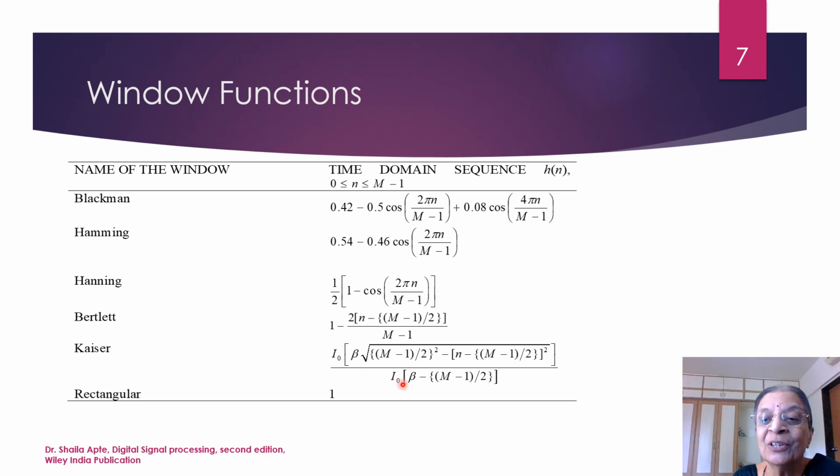I0 is a Bessel function of order 0. So calculation of the Bessel functions is very, very difficult. So you will be getting certain advantages in Kaiser window, but at the cost of higher computational costs. That is why I said that there is nothing like a free lunch. And for rectangular window, it is 1 for the passband and simply 0 for the stopband.